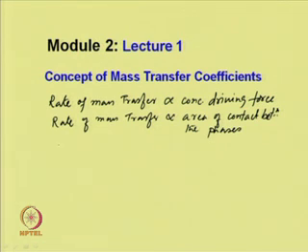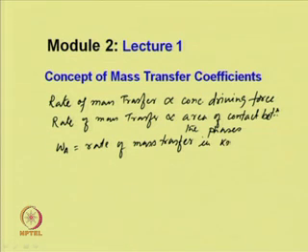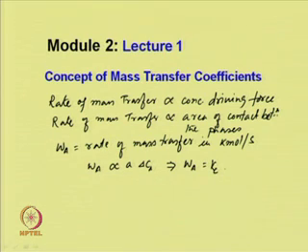So, if we consider W A is the rate of mass transfer in kmol per second, then we can write W A is proportional to A into concentration gradient delta C. So, from this we can write W A is equal to K C into A into concentration gradient.